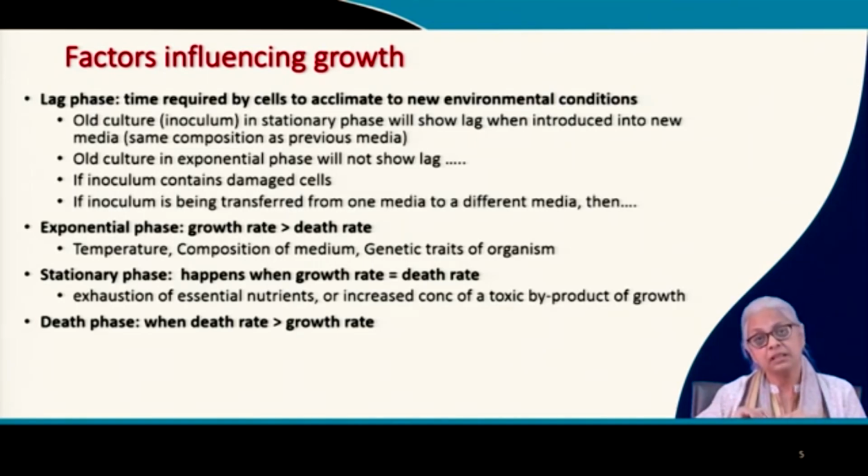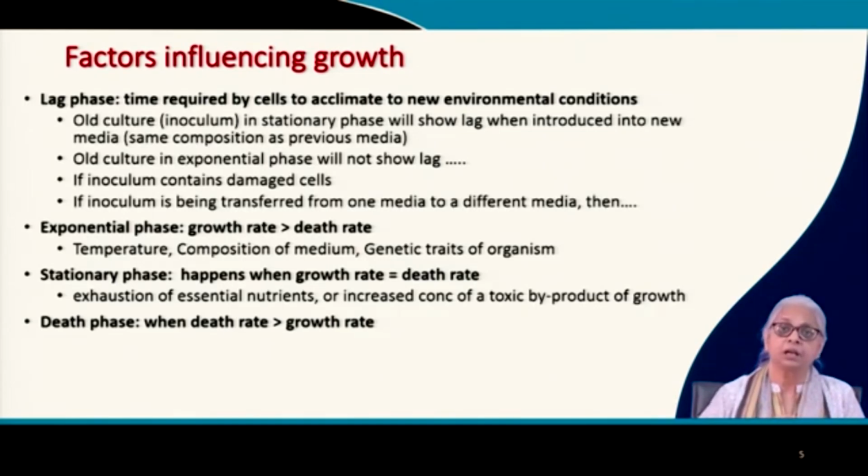Now if there is insufficient buffer, then you will find that the pH has gone down, and you will also find that the essential nutrients are being exhausted because the biomass has increased to such a point that there is insufficient nutrient availability. So these are the two major conditions that will determine the nature of the stationary phase: how long it is, or whether it is visible in your experiments, and so on. So those are some of the things that you can look for.